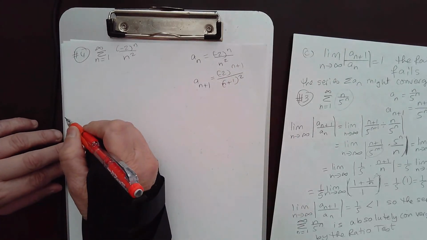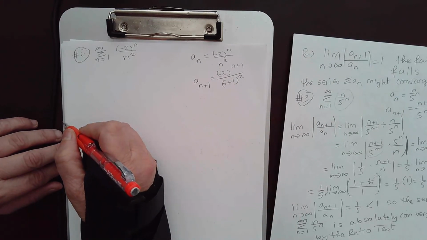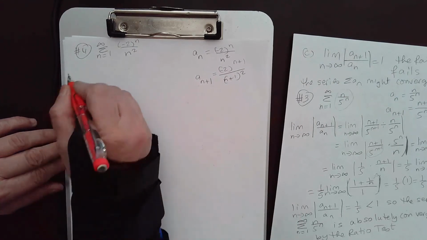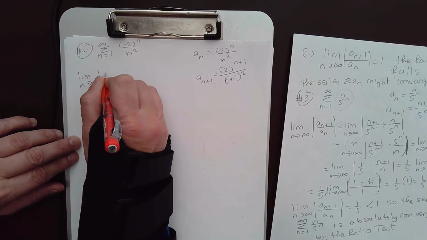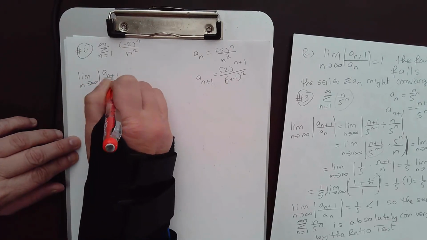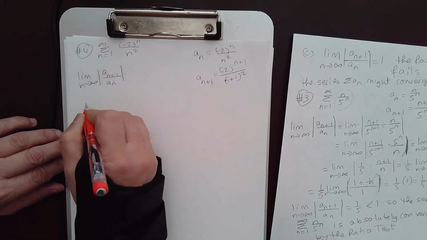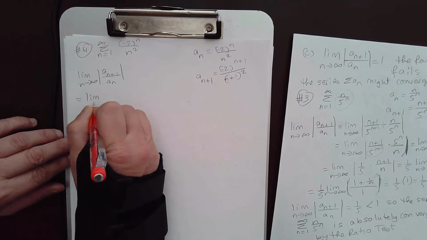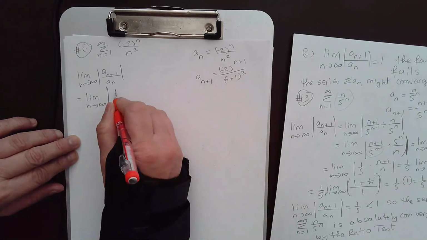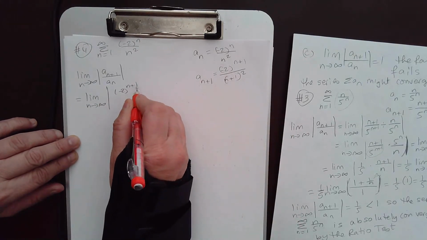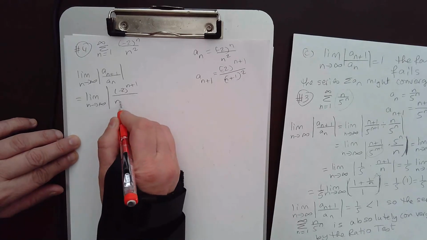So using our test here, the limit as n approaches infinity of a_(n+1) over a_n is equal to the limit as n approaches infinity of a_(n+1), which is negative 2 to the n plus 1 over (n plus 1) squared.